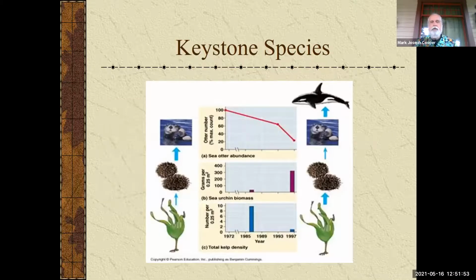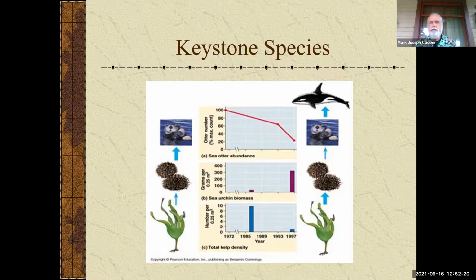All right, so here's another famous one, the orca and sea otters trying to balance things out, looking at kelp density, and there's been all kinds of issues. What happened with sea otters is sad.